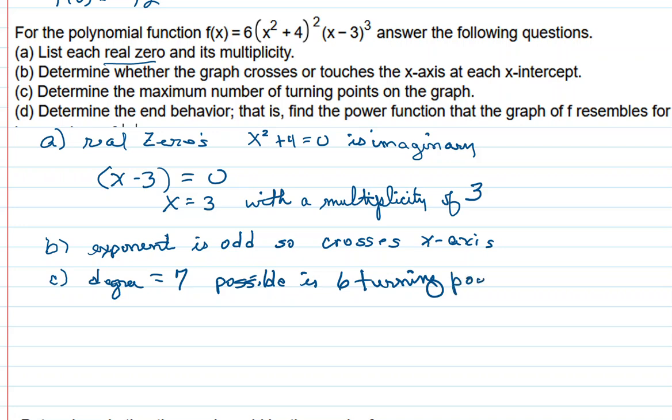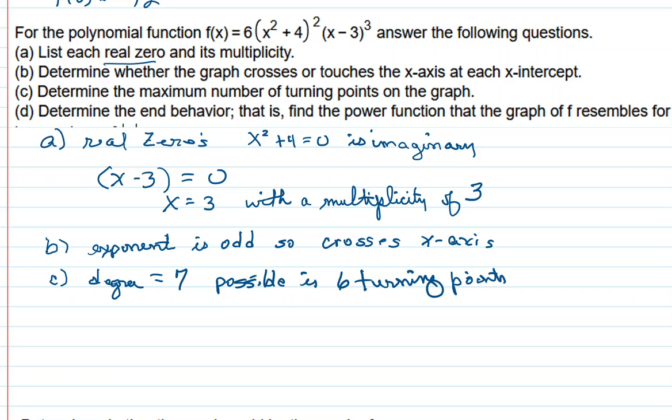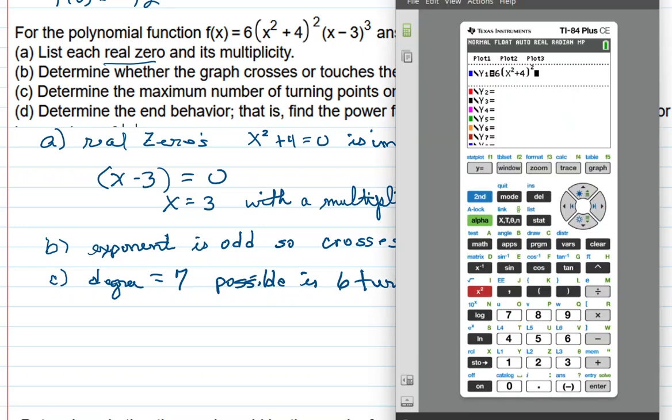Now, it has a multiplicity of 2 and a multiplicity of 3. So it looks like 2. I think it's 2. What do y'all think it is? How many turning points do you think it is? Don't know?